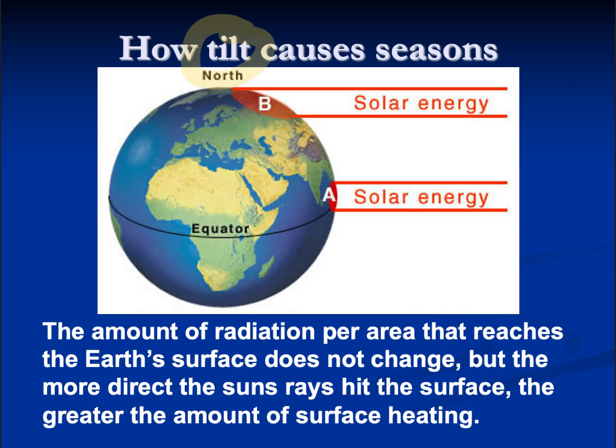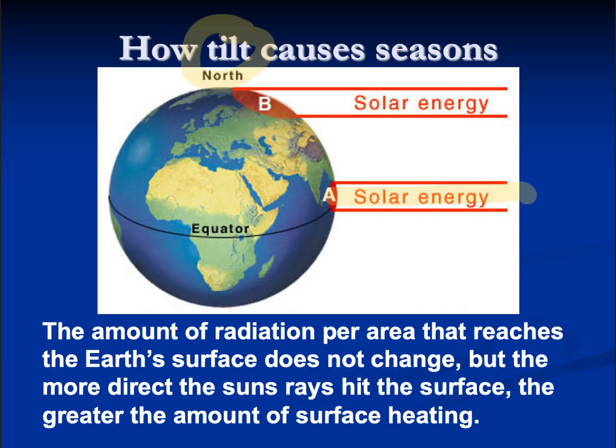Tilt causes the seasons. You can picture it maybe more easily like this. Imagine you're shining a flashlight on this globe. At position A, you're holding the flashlight horizontally, so all the light is focused on that one area. That would be summer.